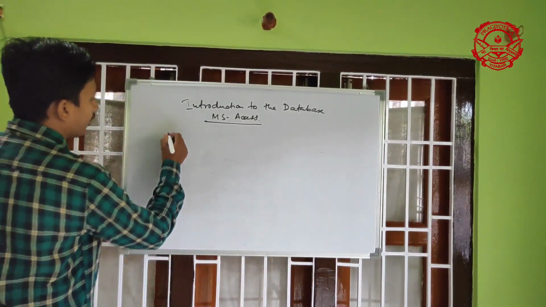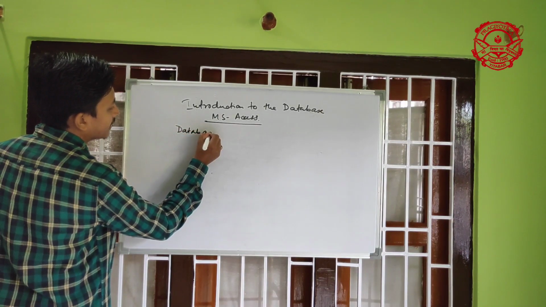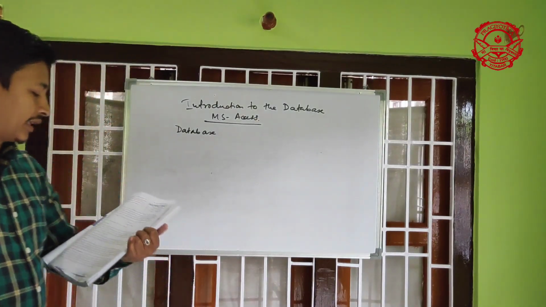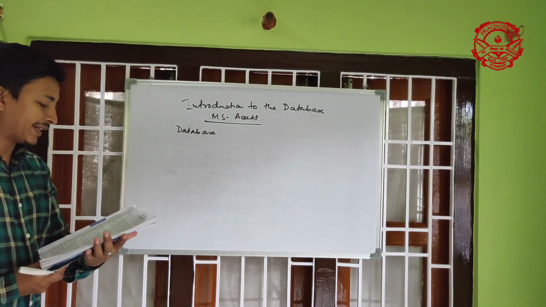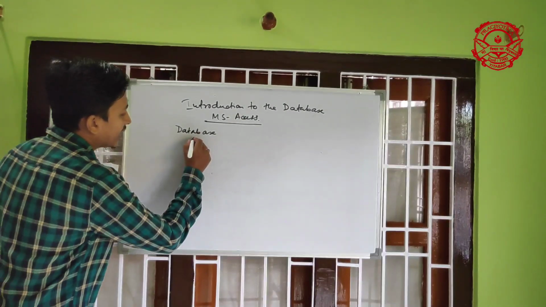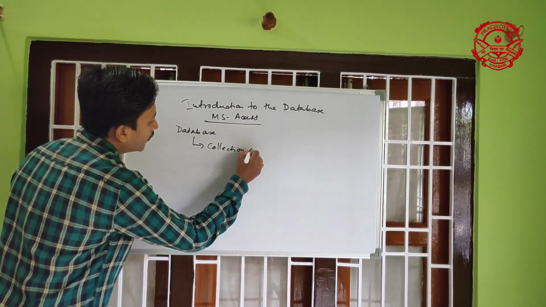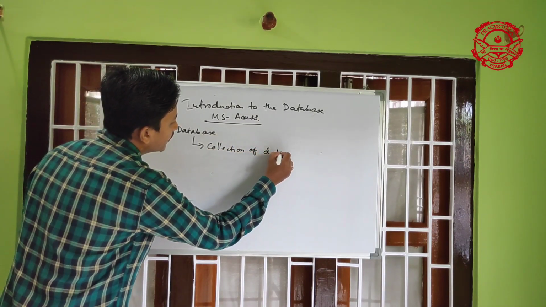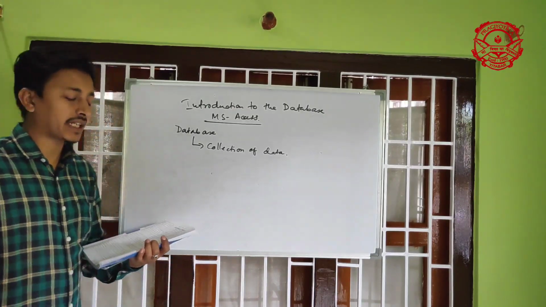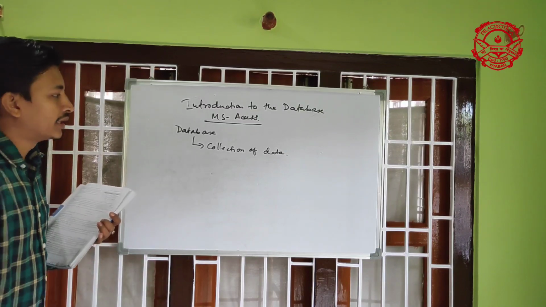Now come to the point of database. So what is actually a database? In the book you can see here, a database is an organized collection of data. It is a collection of organized, related data.